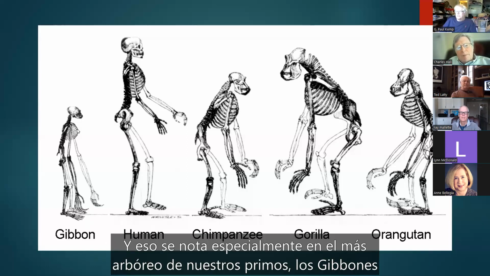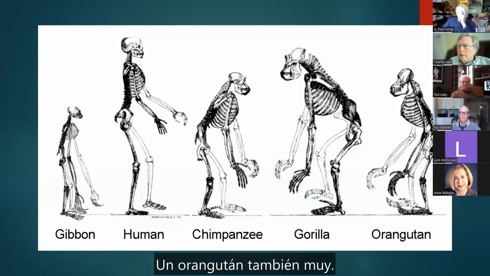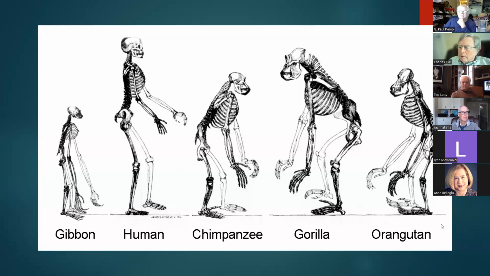And you can see that especially in the most arboreal of our cousins, the gibbons, and we can see over here an orangutan, also very arboreal, that the orangutan can hang on pretty well with those long opposable thumbs.